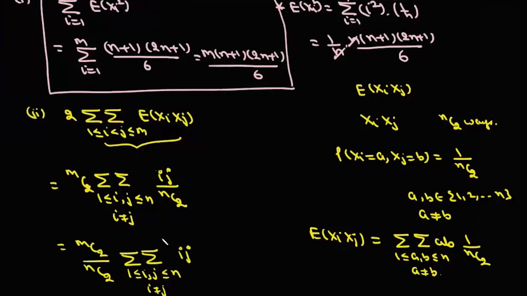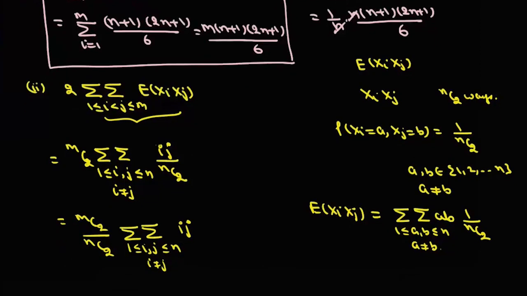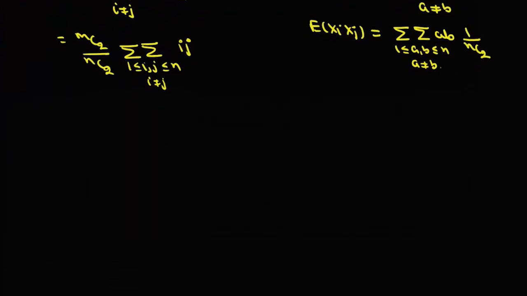Now we need to find this summation. Now we can simplify this as m minus 1 upon n minus 1.